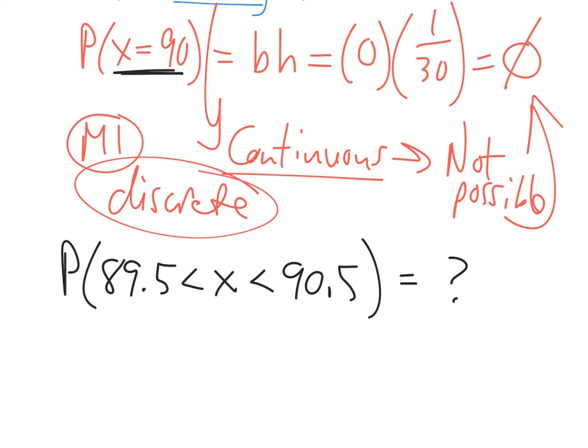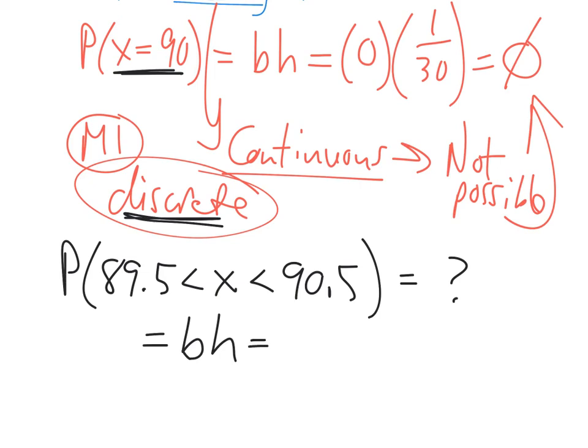Exactly 90 is not possible under a continuous model because it's a discrete value. So our first option is to resort to previous strategies for discrete random variables. However, if we want to use a continuous model for exactly 90, then we have to create an interval for 90, which is 89.5 to 90.5, which gives us a base and a height other than 0.